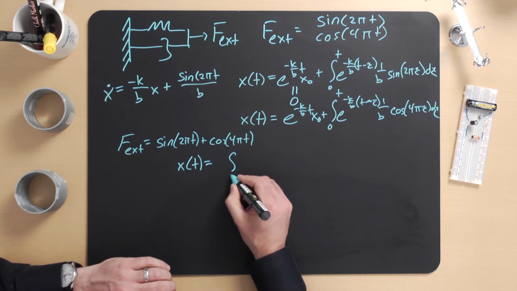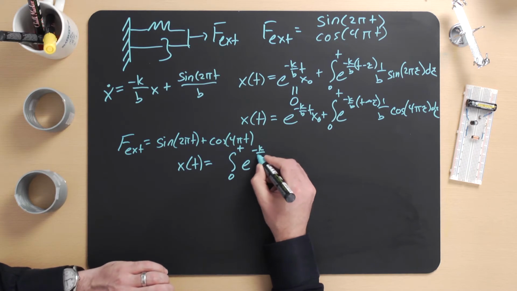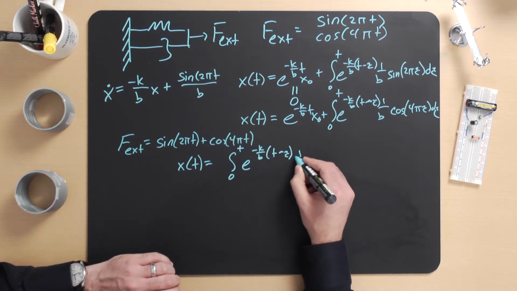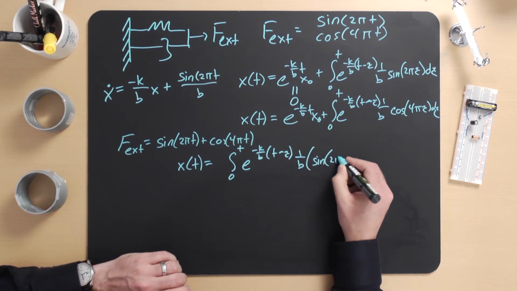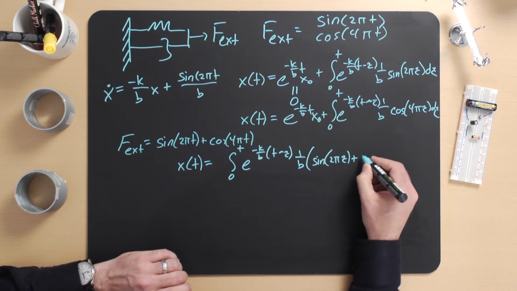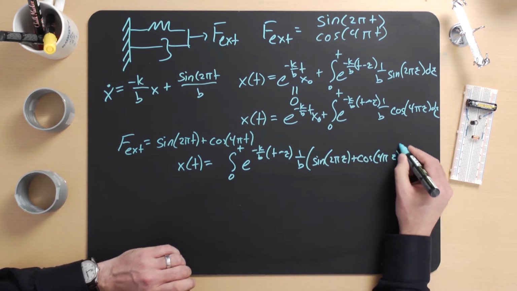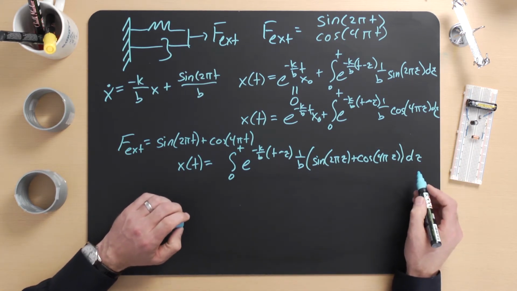This is equal to the integral from 0 to t of e to the minus k over b times (t minus tau) times 1 over b times sine 2 pi tau plus cosine 4 pi tau, all times d tau. Now what is this expression equal to?